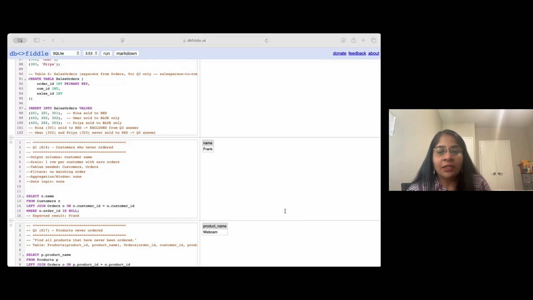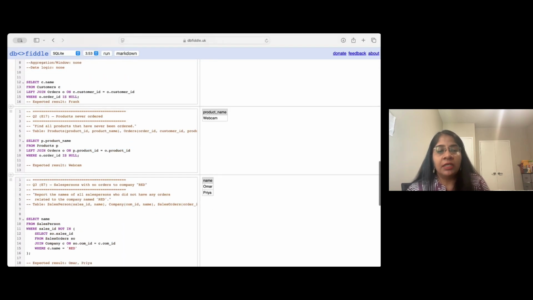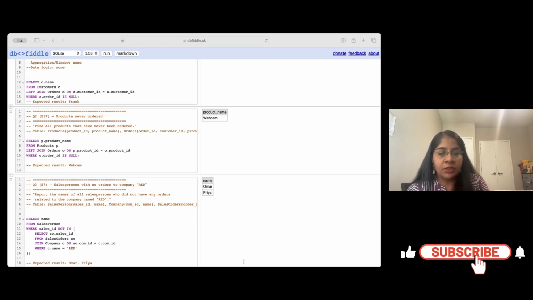Now the second question is a similar question, but on a different table. It is about finding the products that were never ordered. It has an identical structure to question one, and you actually have to just learn the pattern. You don't have to memorize one answer for this. The pattern is the same.